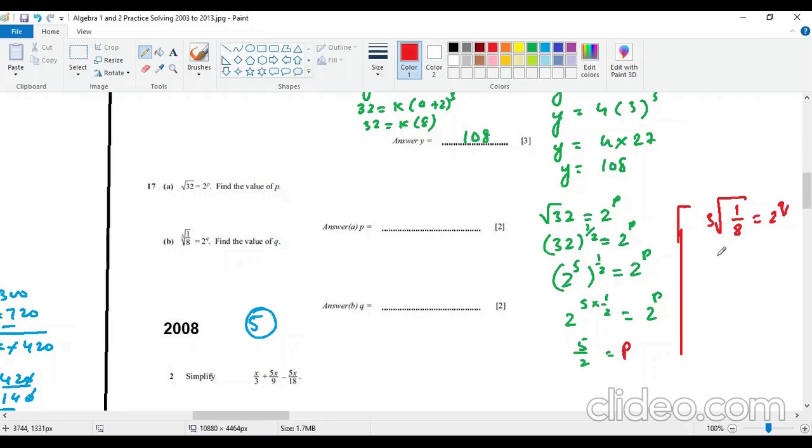So I know very well that I can make this one as 1 over 8 to the power 1 over 3 equals 2 to the power q. And 8 I can write as 2 cubed, to the power 1 over 3. I can write this as 2 to the power minus 3, to the power 1 over 3 equals 2 to the power q.